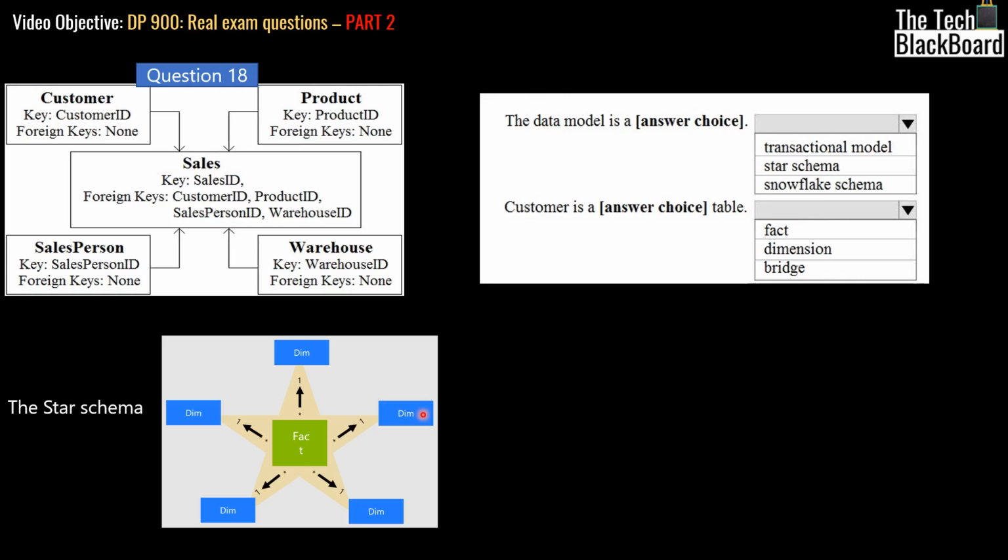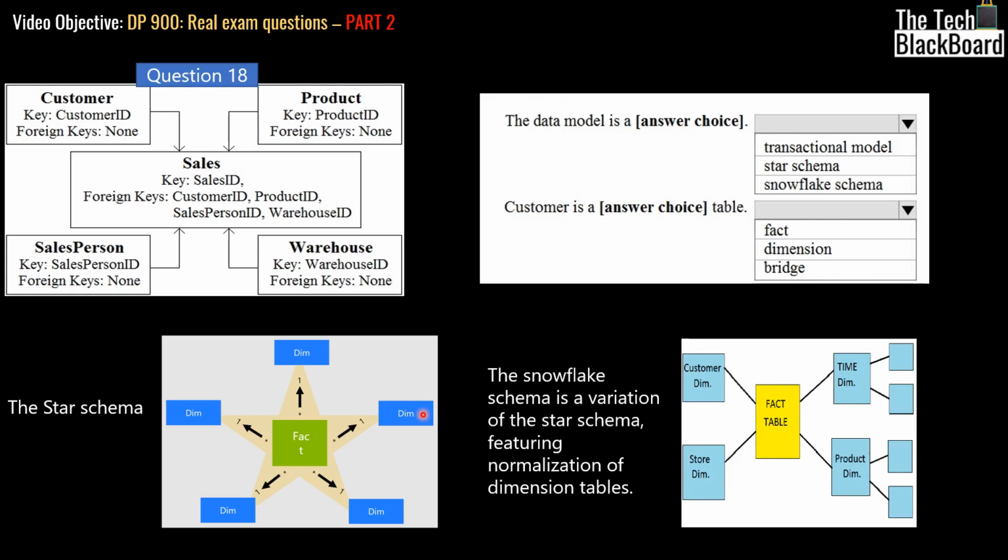And then what is the snowflake? A snowflake, I would say, is an extension of the star schema. Again, you have a fact table. A fact is normally a table which holds transactions, so sales transactions in this example, the same as for the star schema. Similar to the star schema, we also have dimensions all around the fact table. However, the difference between star and snowflake is that in a snowflake, you have other dimensions also attached to the main dimension.